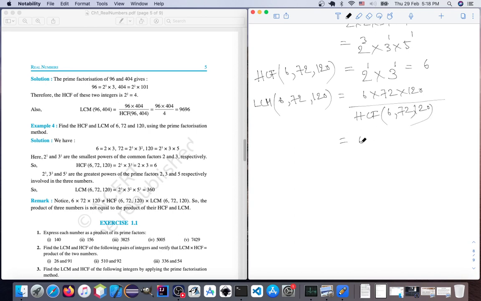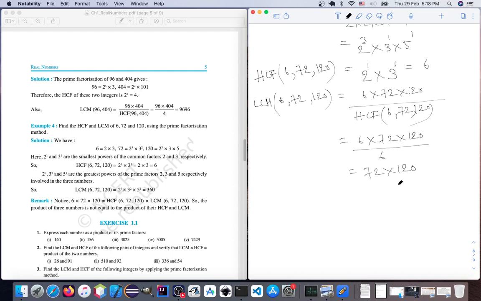This is 6 into 72 into 120 divided by 6. HCF is 6. Okay, fine.